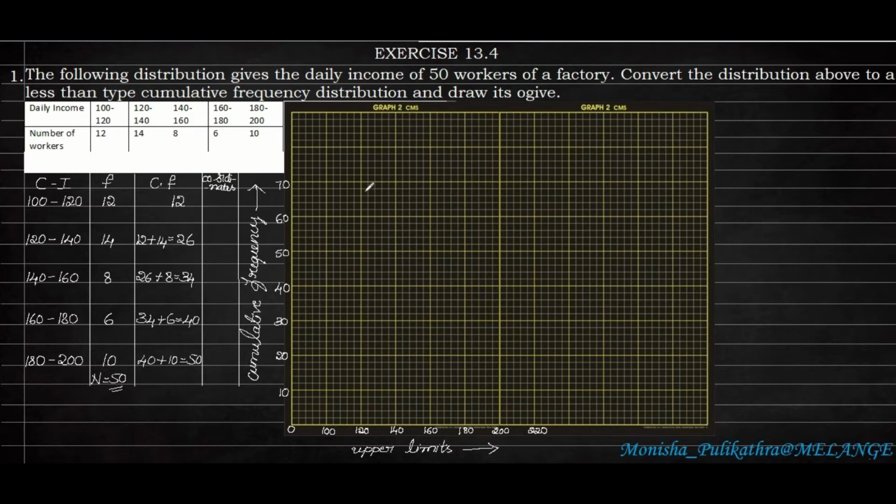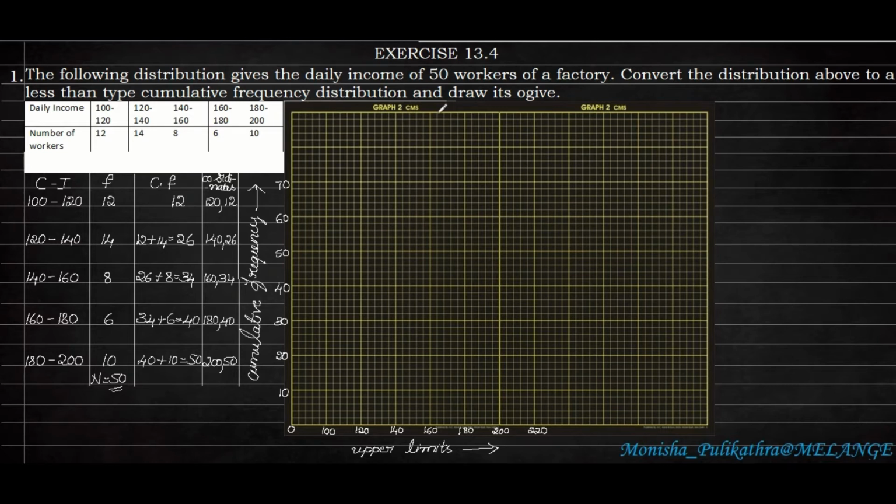The coordinates which we have to plot in the graph are: first one 120 comma 12, second one 140 comma 26, next one 160 comma 34, next is 180 comma 40, and the next one is 200 comma 50.